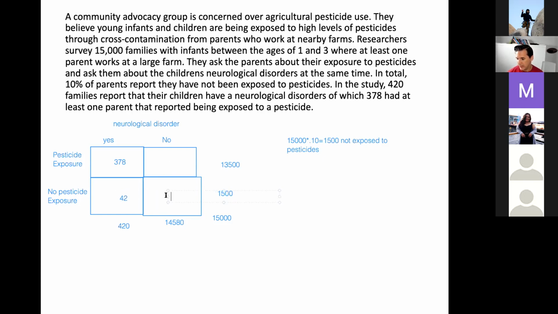And to get B, we would do 13,500 minus 378, and that's 13,122. That's what you had said earlier, I forget who said that. And then 1,500 minus 42 equals 1,458 goes there.